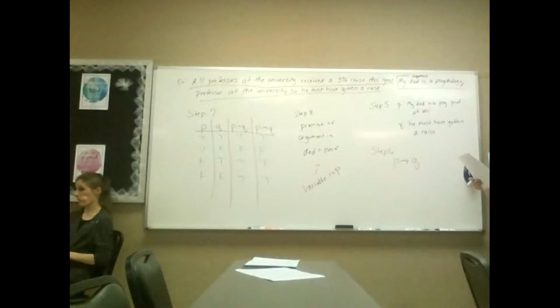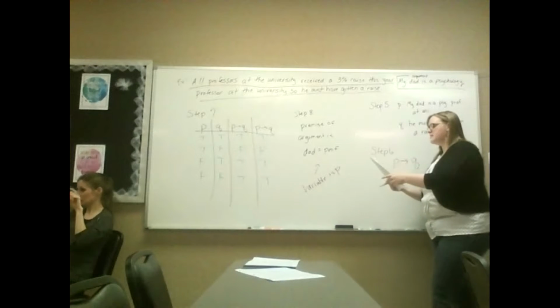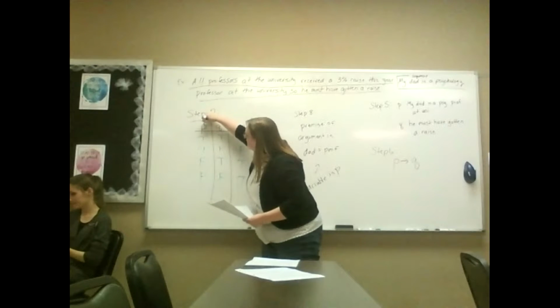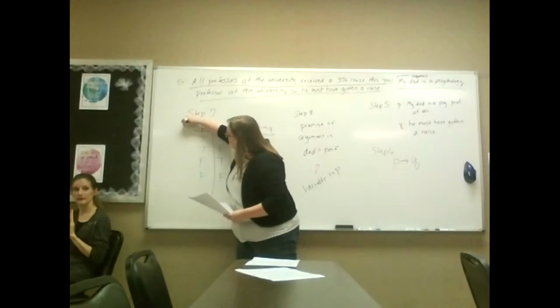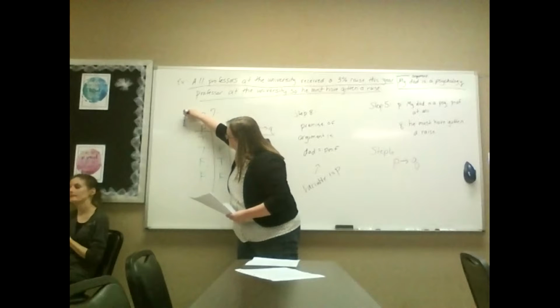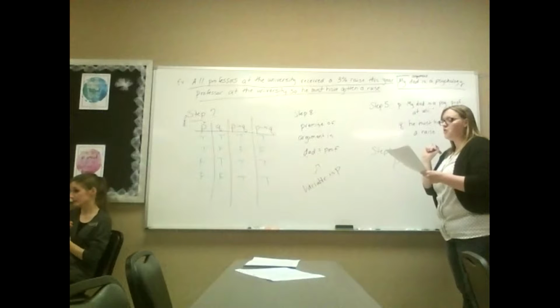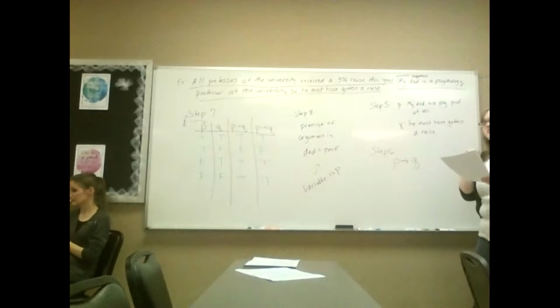All right, so then we move on to step 9. We need to find the rows where the variable representing the premise, which in this case is P, is true, and the conditional representing the solid fact is true.